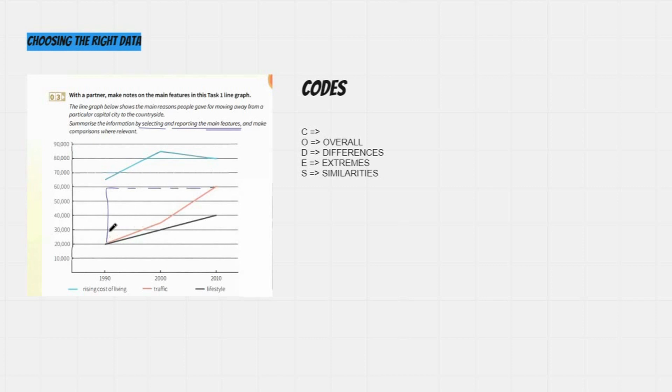So sometimes it's worth it to compare the changes themselves. So for example, we could compare X and Y here. In this particular case, this is going to be how the number of people changed because of traffic and how the number of people changed because of lifestyle. We can see that traffic was a more significant reason throughout the period.